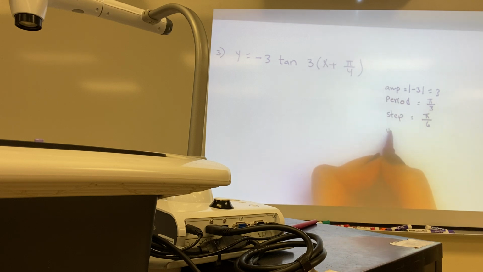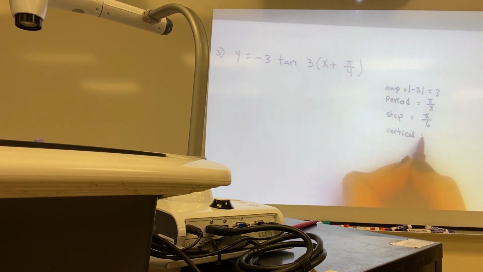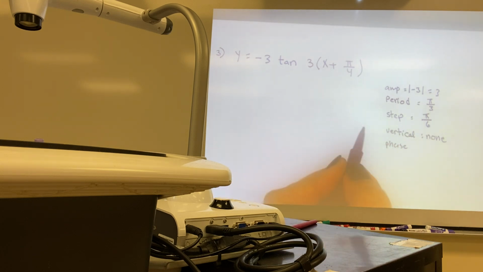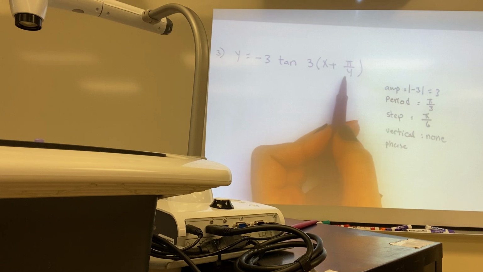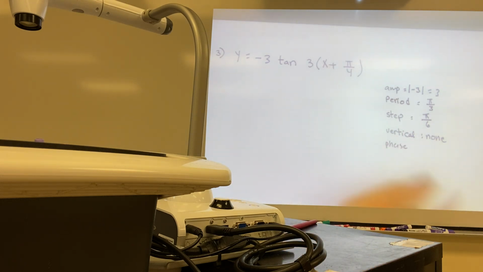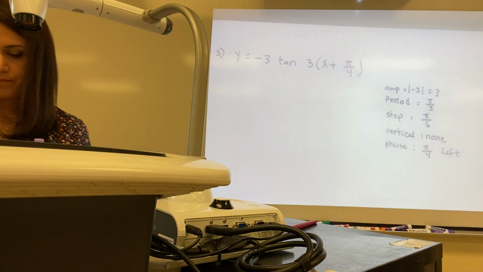Vertical shift, we don't have a vertical shift, we'll say none. And phase shift, as you see, it's pi over 4, and it's positive, so it will be to the left. Okay, let's graph.